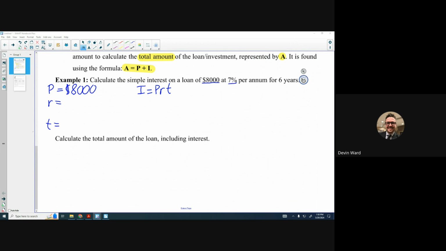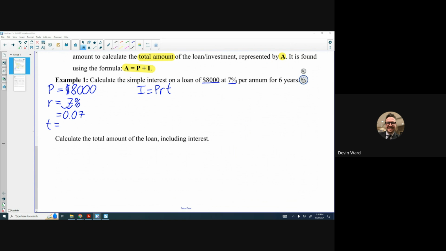My interest rate is always a percentage. So it's 7%. But we want that as a decimal. In order to remember to go to a decimal, we divide by 100 or move the decimal over two spots. So we get 0.07.